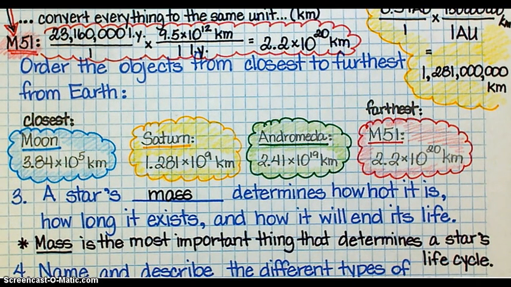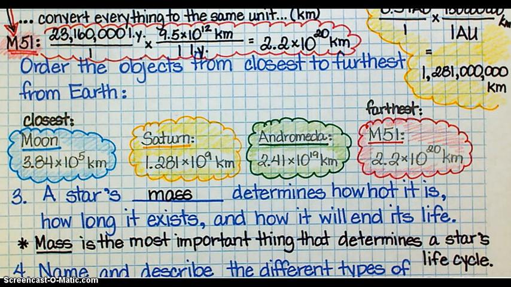It determines how bright it shines, how hot it is, and how long the star lives. Mass determines how the star is going to end its life, because really big stars blow themselves up in a supernova. Smaller stars like our sun end their life a little bit differently, as a planetary nebula. So mass determines pretty much everything about a star. Okay?